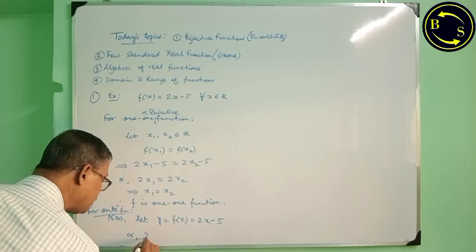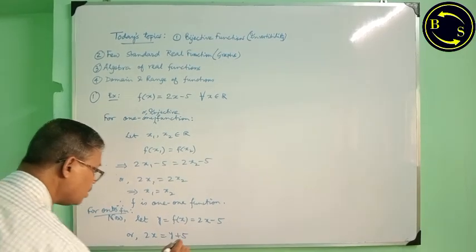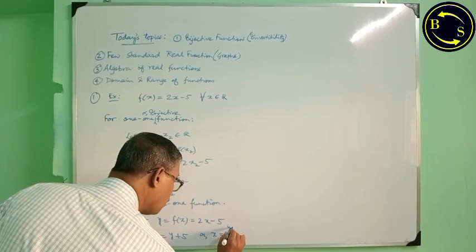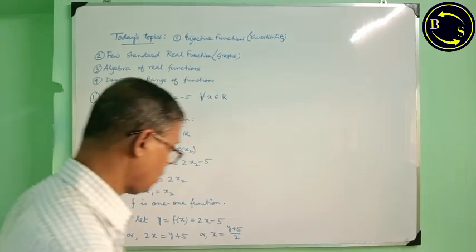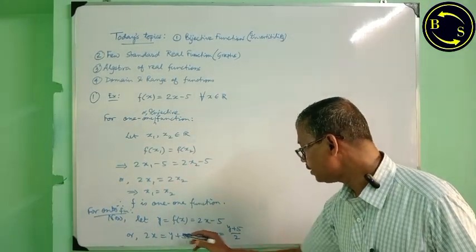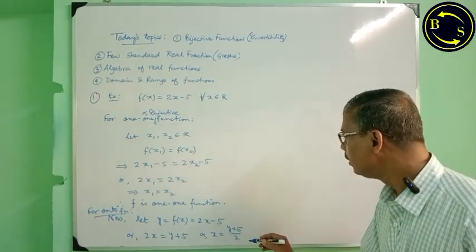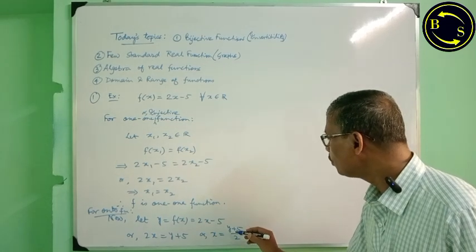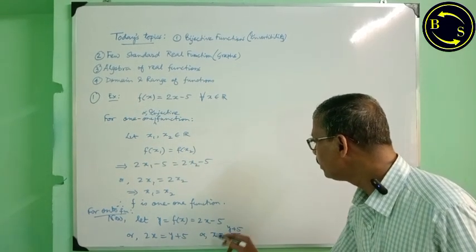On transposing we get 2x equal to y plus 5, or x equal to (y plus 5) by 2. We have expressed here x in terms of y. From this we find that for every real y we will get a real x.